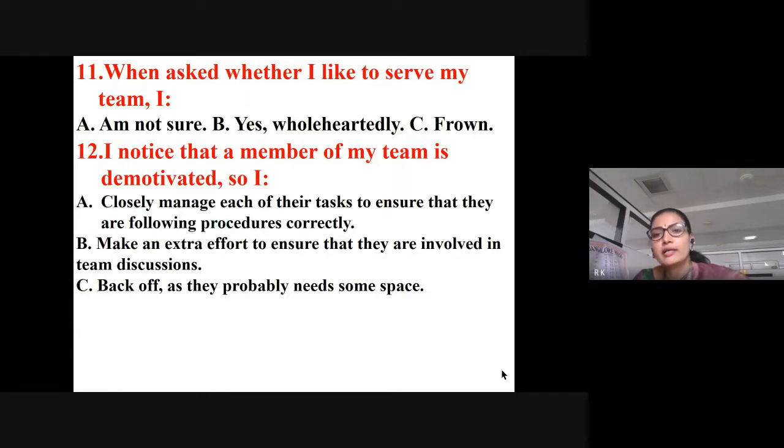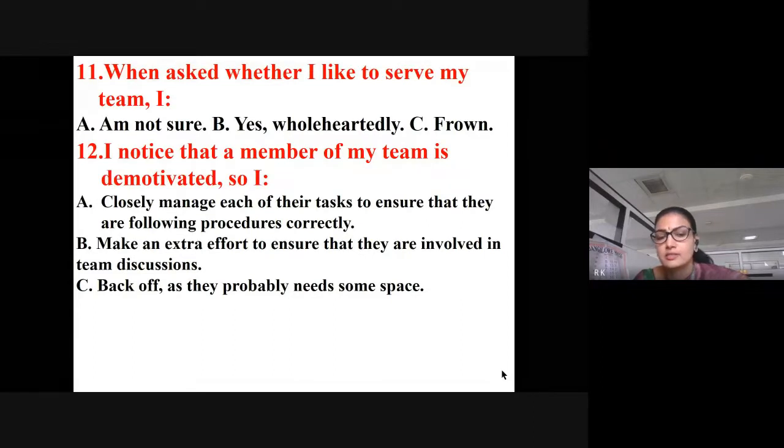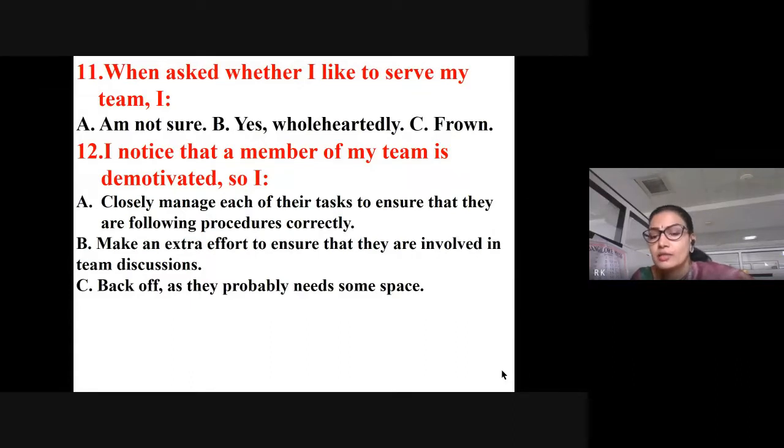When asked whether I like to serve my team, serving is one of the best qualities of a leader. If you think so, then yes. I'm not sure. So I asked whether I like to serve my team. Yes, I would like to serve my team. Today, I have helped one of my colleagues in finding out where his Scopus article had got stuck. He was not able to communicate.